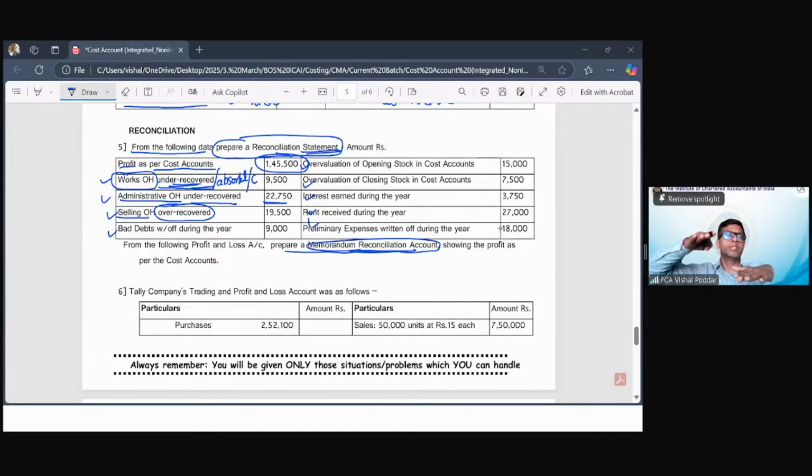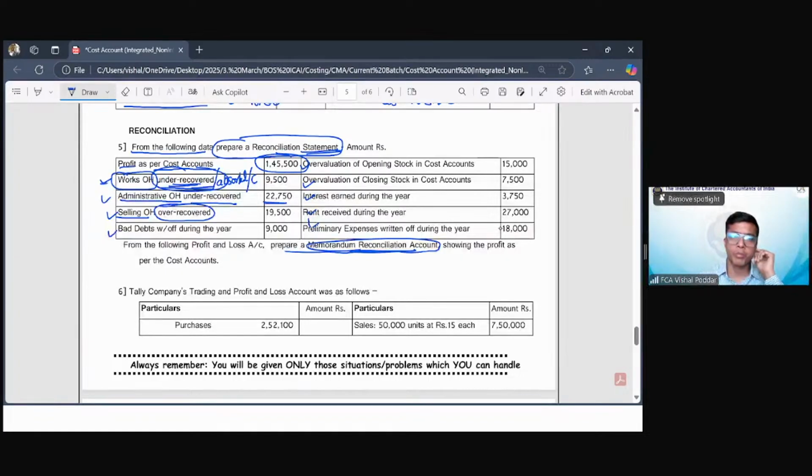Now in this case, once I get these levels, I have to decide add or less, for which I have to see the starting point. My starting point is costing profit, which is low. So I have to climb upwards. I will add. Now this I can do orally also, because if for under absorbed I have decided to subtract, so by default for over absorbed I have to add. But still, for explaining my method, I did it with the hand so that you can understand.